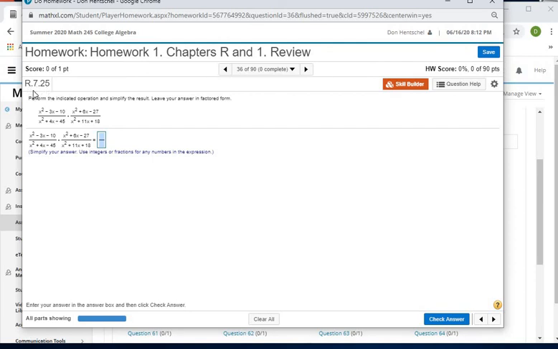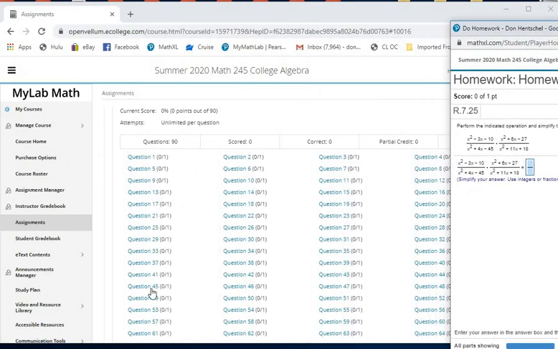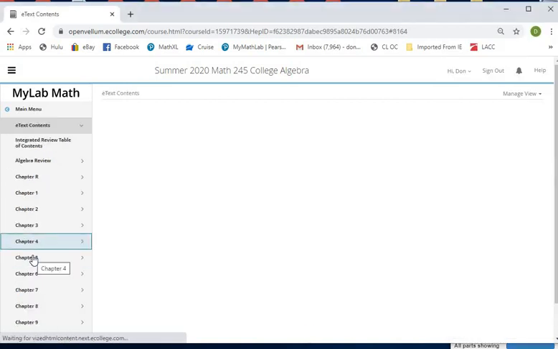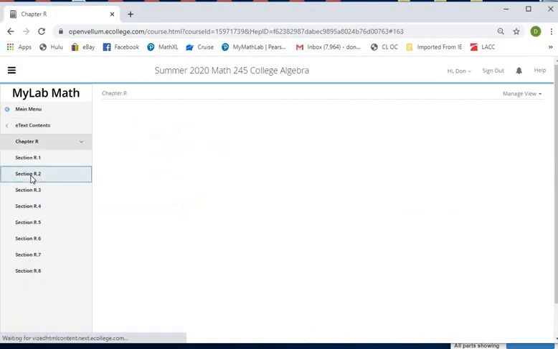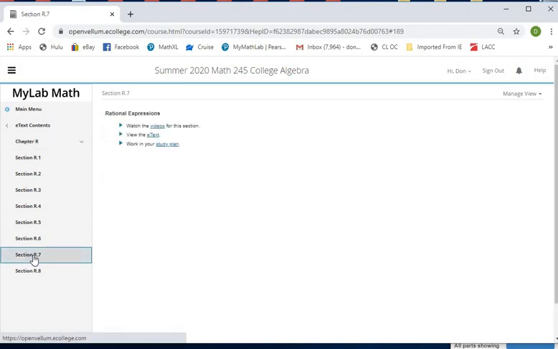R.7.25. Most books usually don't have a chapter R. They start with chapter 1, but our book starts with chapter R. But chapter R, section 7, problem 25. Now, why am I looking at this? Well, hopefully you understand. I am going to go to the e-text, to chapter R, section 7.